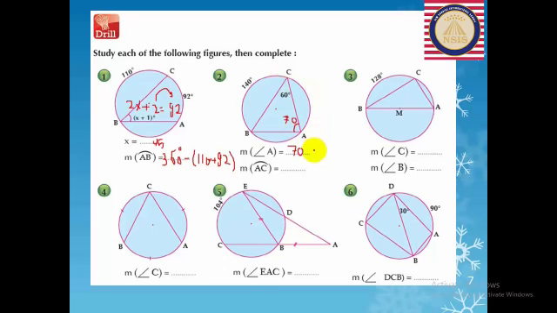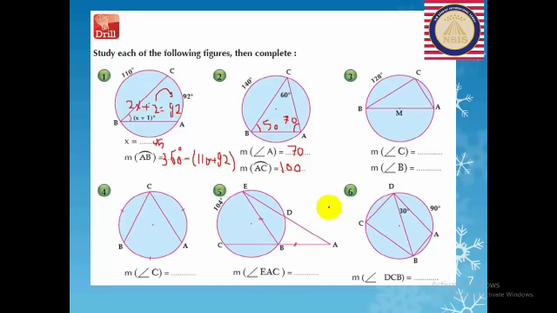How can I get it? I have here its inscribed angle. The inscribed angle equals 60 plus 70, so this angle will be 50. If this angle is 50, the arc is 100. Very good.